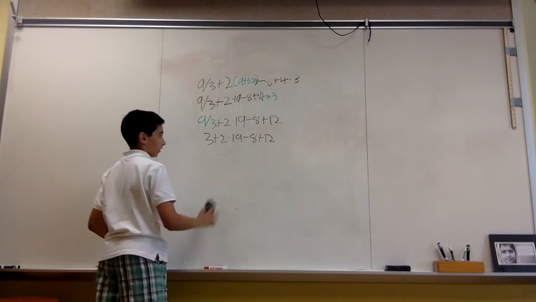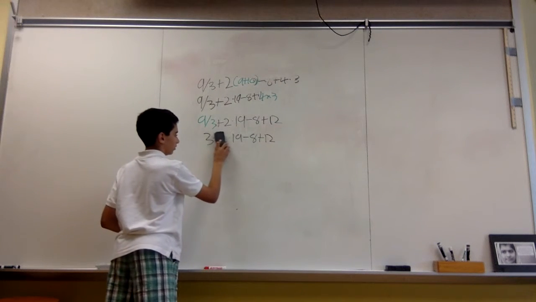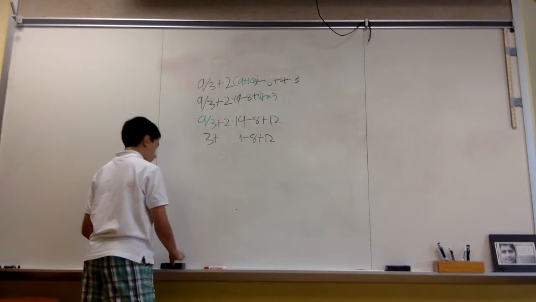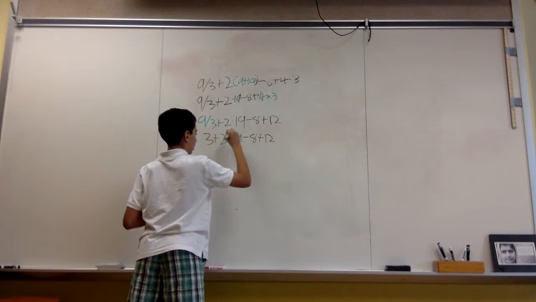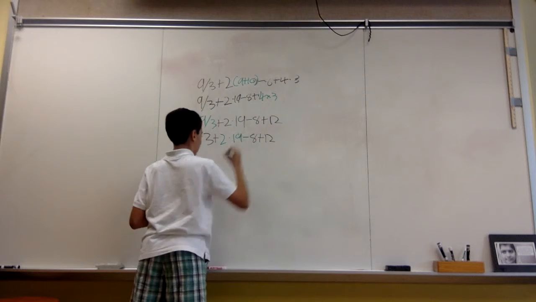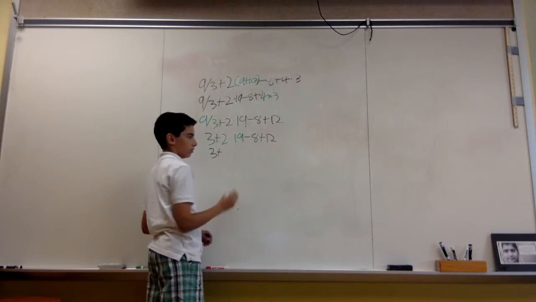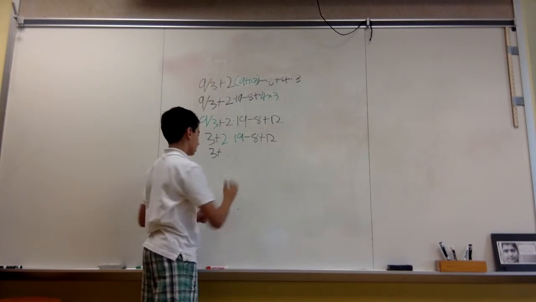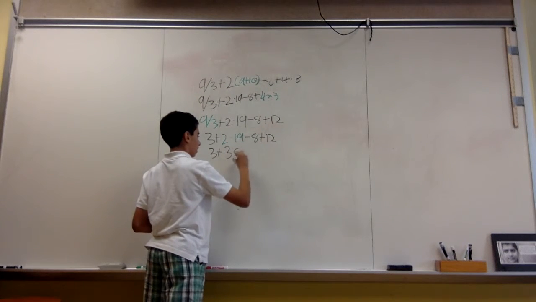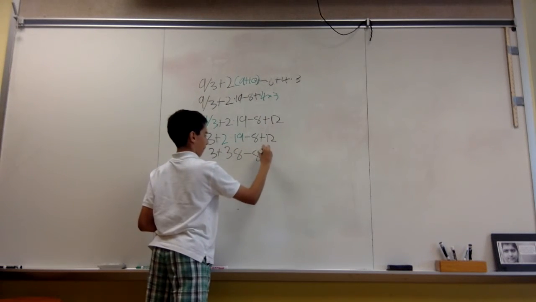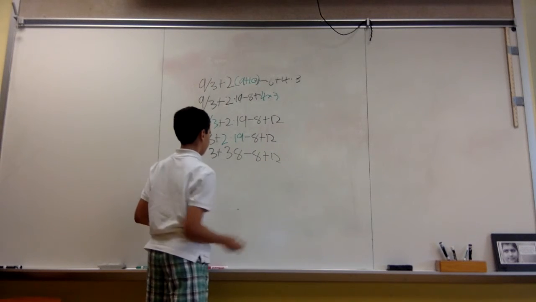And now our last multiplication, which is the 2 times 19. Now we get 3 plus 38, minus 8 plus 12.